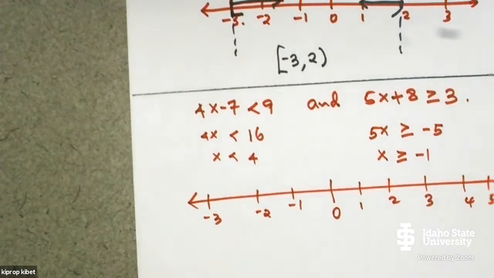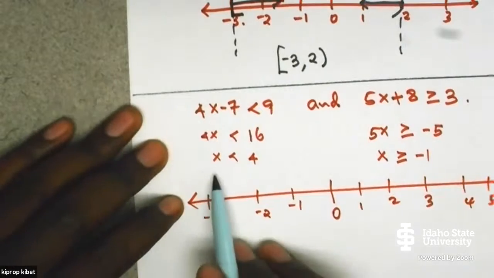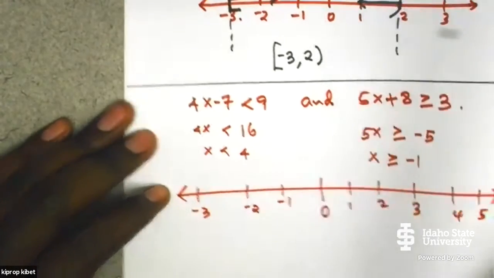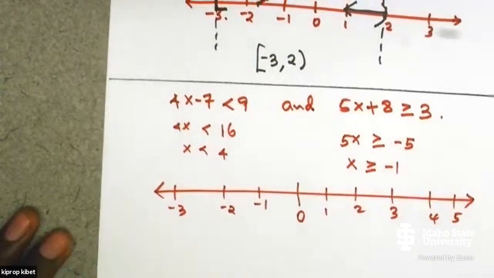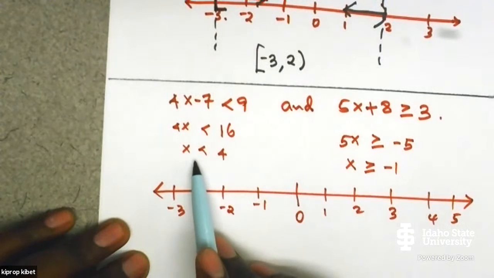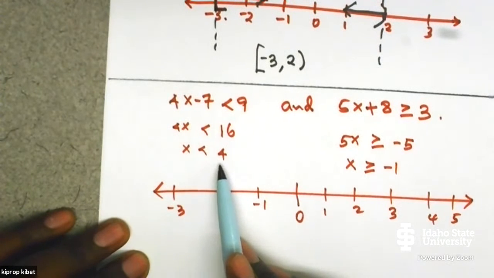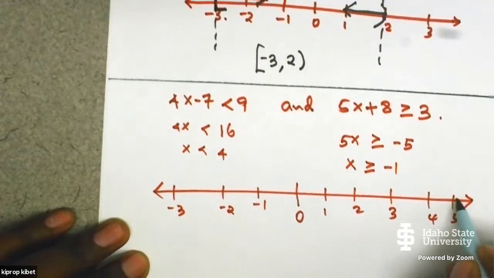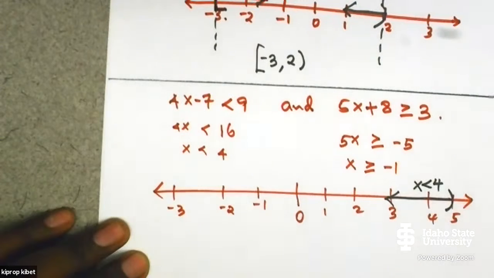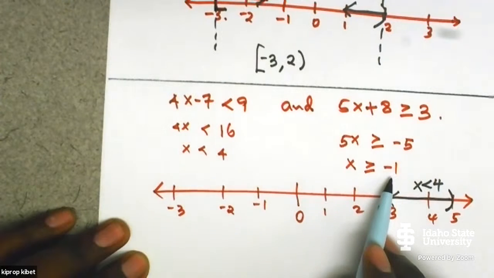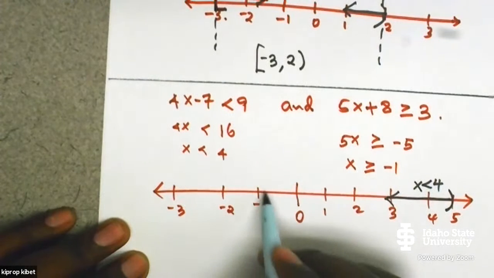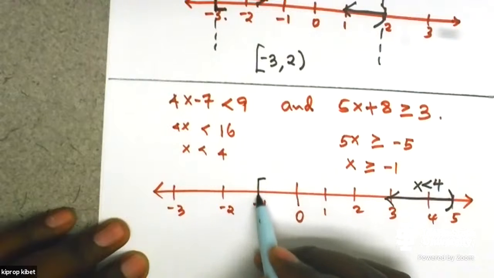So our first one is x less than 4. So what happens? Okay, this direction. So this is x less than 4. And then this one is x greater or equals to minus 1.